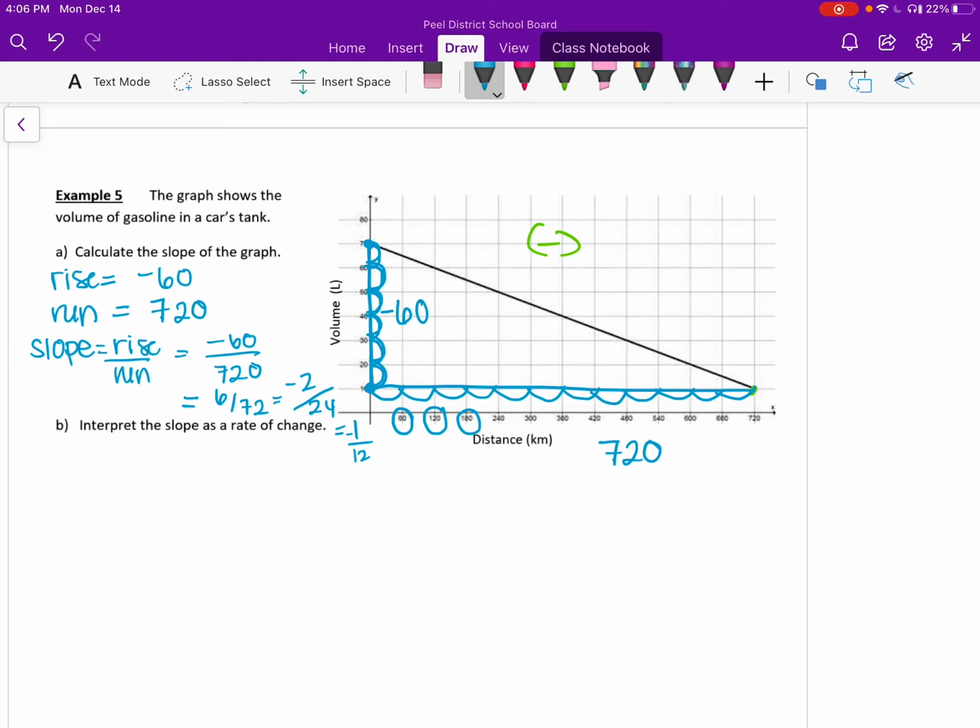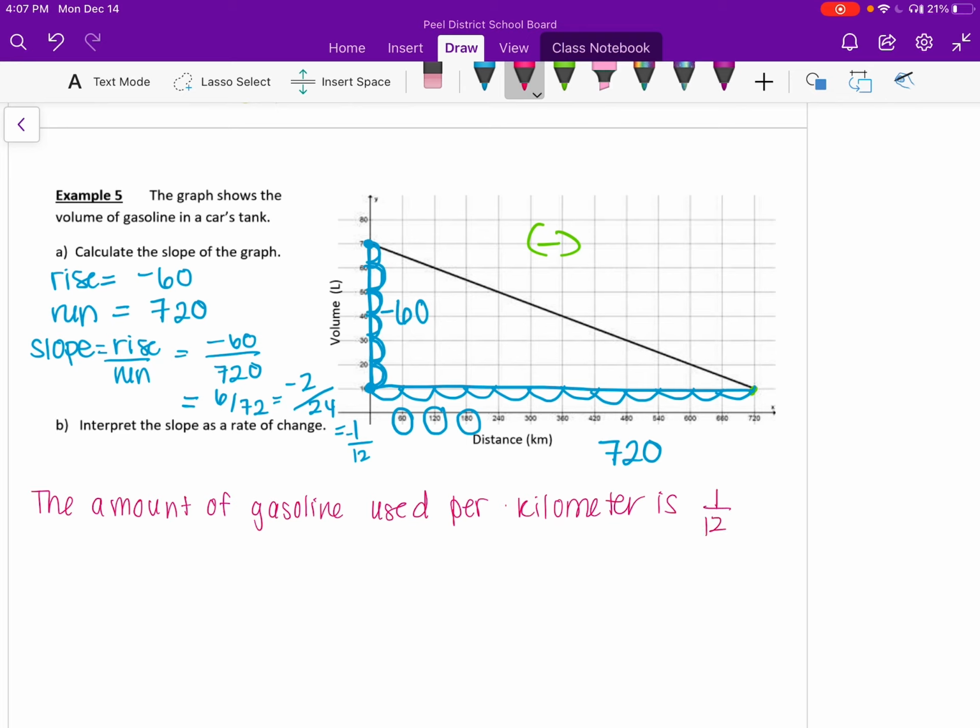It's a little messy, right? So if I want to interpret the slope as a rate of change, right? What am I trying to determine here? What I'm measuring is how much volume am I losing the more I drive, right? So how I could say this is the amount of gasoline used per kilometer is 1 over 12.